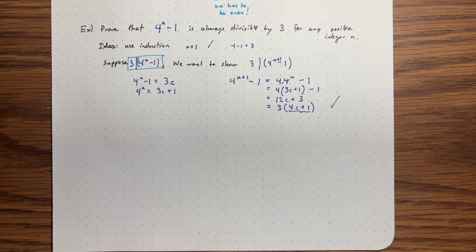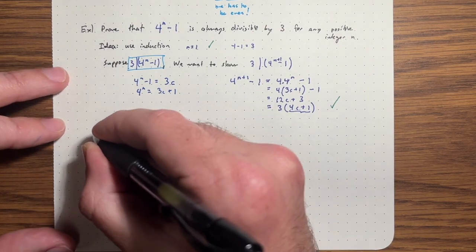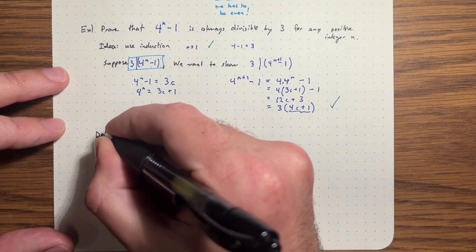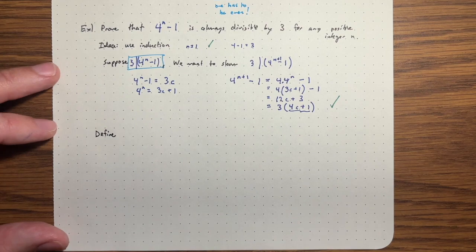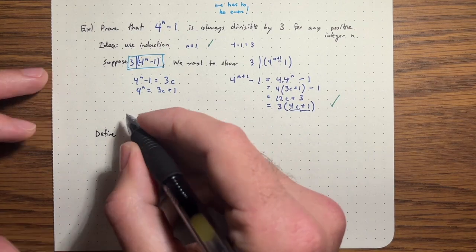Okay, so next we're going to add one more layer of complexity and consider divisibility of multiple integers simultaneously at the same time. So it's a new concept, an extremely important concept in what's about to follow.